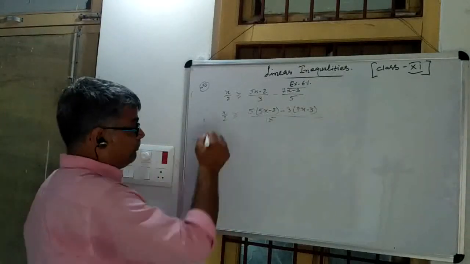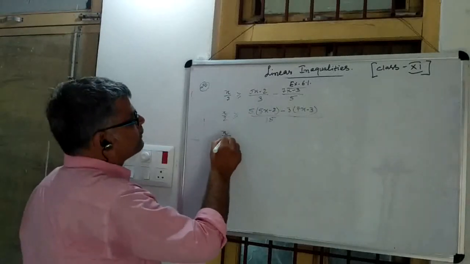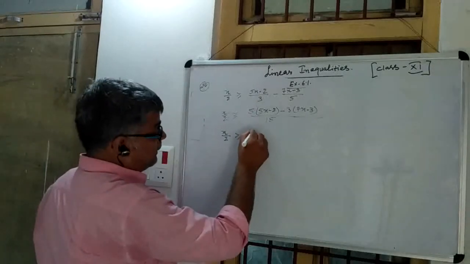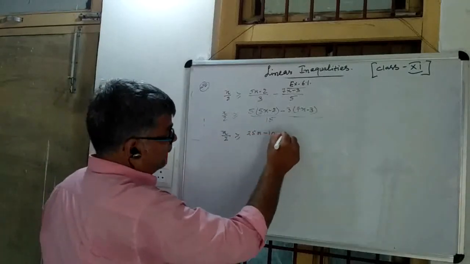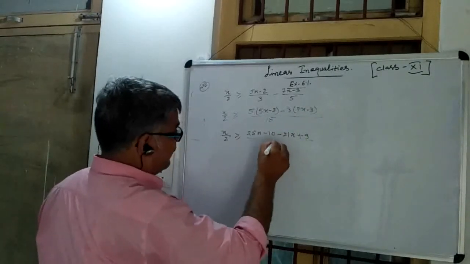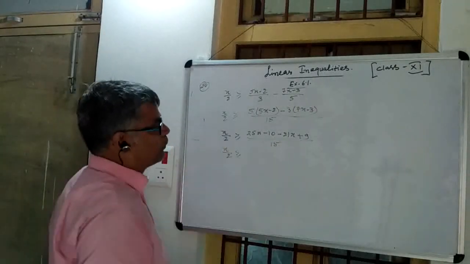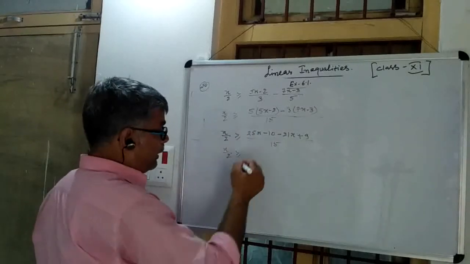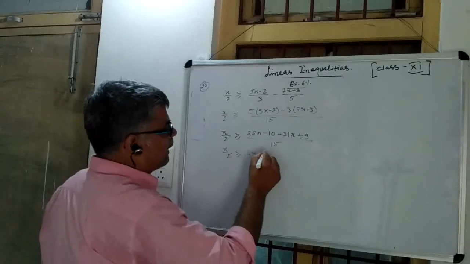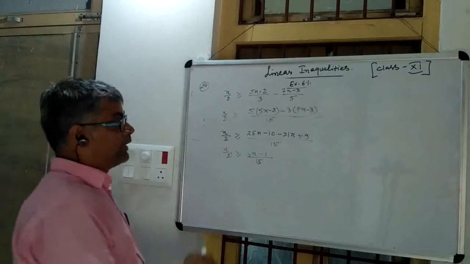So now it becomes x by 2 is greater than or equal to (25x minus 10 minus 21x plus 9) by 15. So x by 2 is greater than or equal to 25x minus 21x, that is 4x, minus 10 plus 9 is minus 1, by 15.